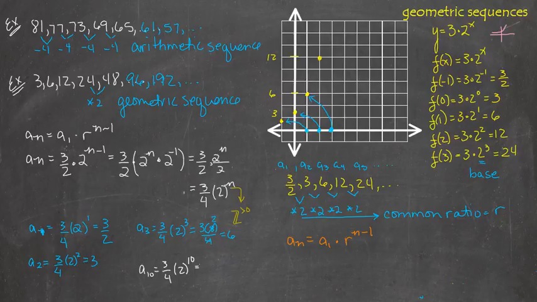I'm going to tell you what it is. 2 to the 10th times 3 divided by 4 equals 1,536. So I can find the 10th term. If I want the 11th term, a sub 11 would be 3/4 times 2 to the 11th, and so on.